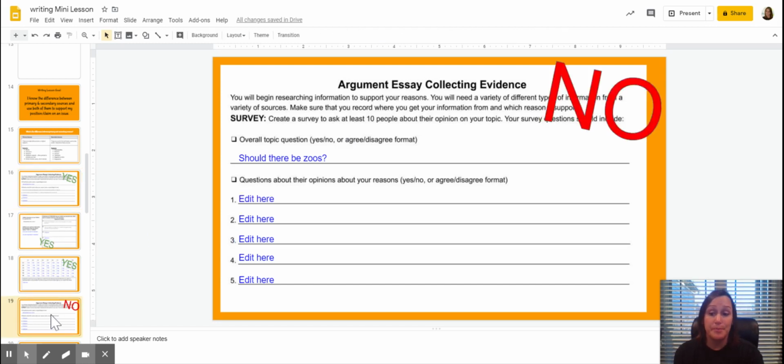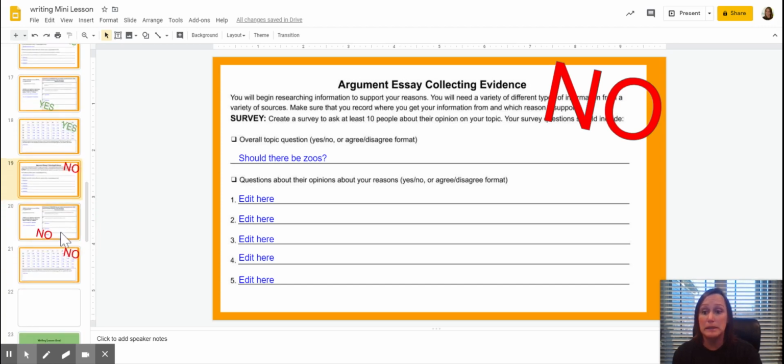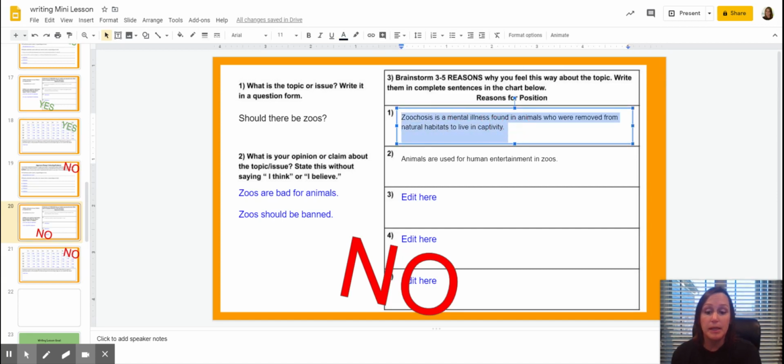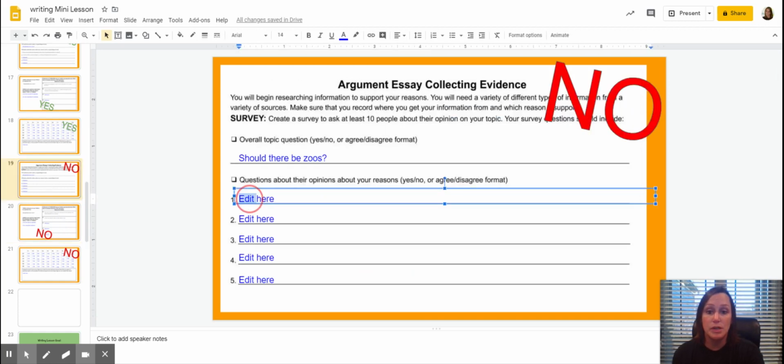For my no group, I'm going to go through the same process, but I'm going to do it a little quicker. Okay, I'm going to copy. Here's my zoochosis.